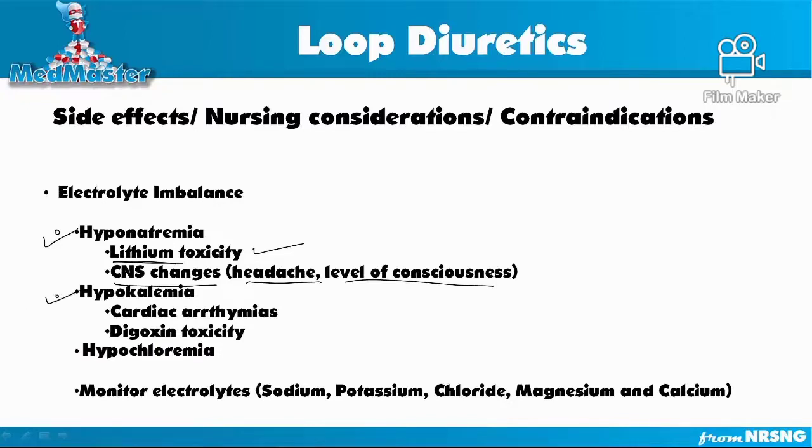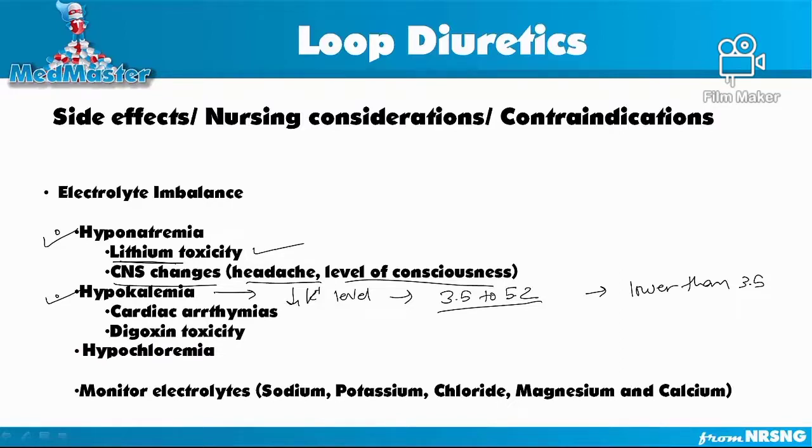Another electrolyte imbalance is hypokalemia. The normal potassium level is 3.5 to 5.2. Usually if the potassium is lower than 3.5, it can cause cardiac arrhythmia and also digoxin toxicity.